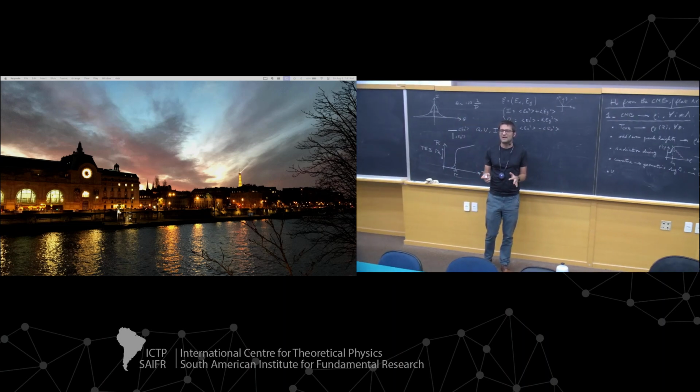How do you learn about the energy density in neutrinos, or how would you know what that is? I guess I didn't really explain that part. So there's two ways in which that matters.